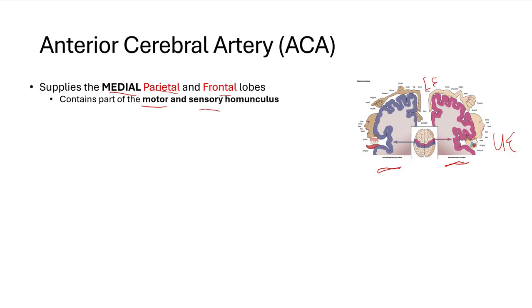How I've always liked to remember this is, in my head, I take this image and I straighten it out. So I put them straight, just like this, both homunculi straight, just like that. And then what I do is I draw a little stick figure here. Now, this helps to remind me that here is the lateral aspect, and here is the medial aspect.